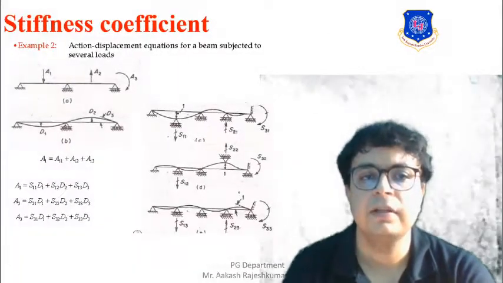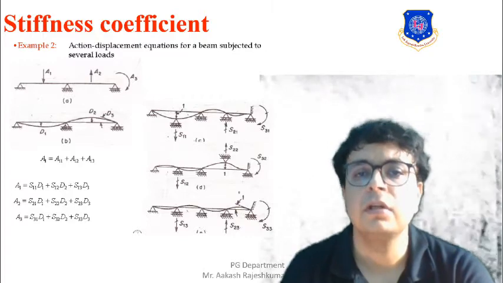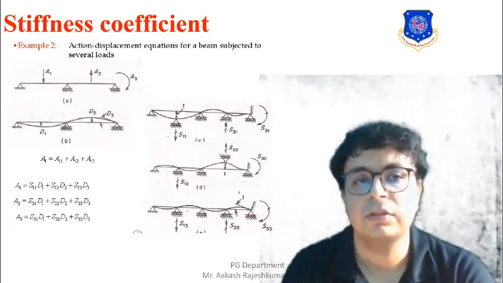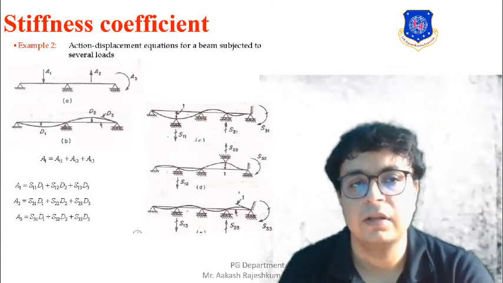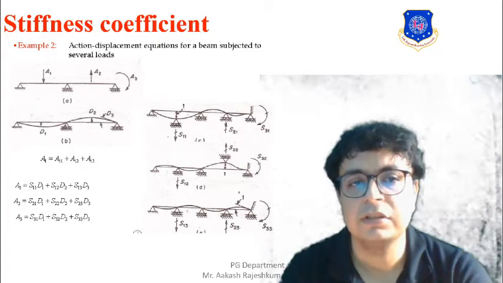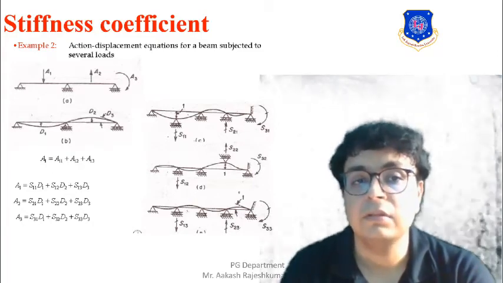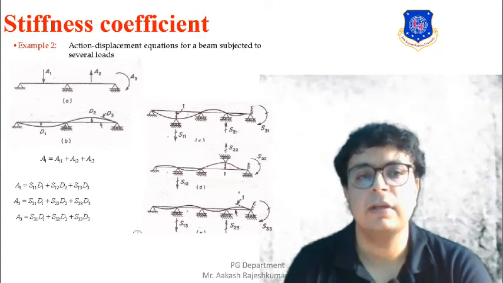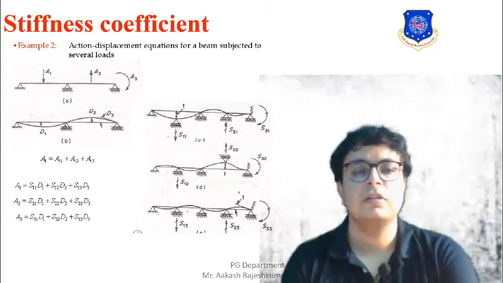Okay. Similarly, here we have an example too, where the action displacement equation for a beam subjected to several loads is being shown. Okay, you can see over here in figure number 8, we have the loading on each. Here we have 3 loadings, means we have the load at 1 that is noted by A1, we have the load at 2 that is A2, and A3 that is the rotation at joint number 3.